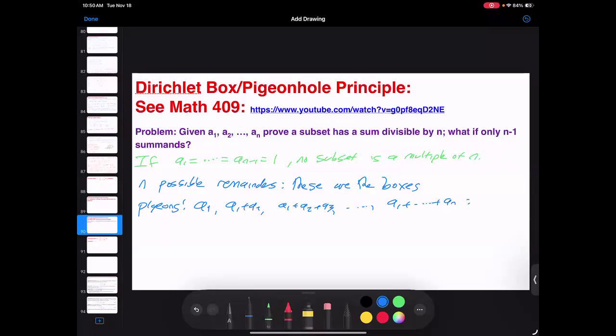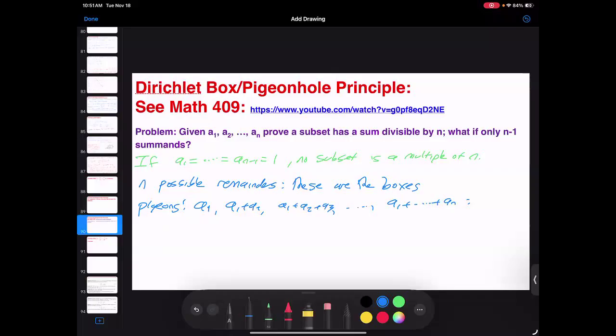How many pigeons am I supposed to have to use the pigeonhole principle? N plus 1. I'm in trouble. I only have n pigeons. But what I can do is assume that there's no sum that is a multiple of n.